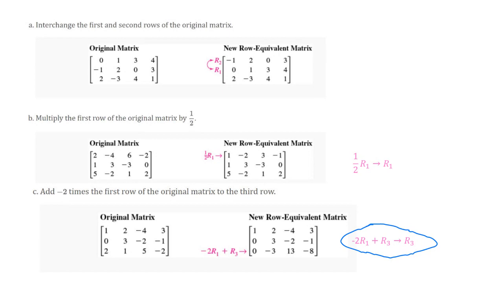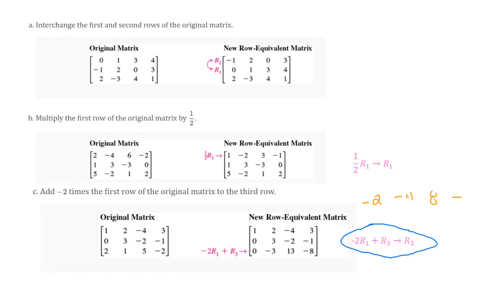Let me multiply this -2 to row 1. I'm going to do a little scratch work here, and let me change the color as well. If I multiply -2 to row 1, I get 1 times -2 is -2. -2 times 2 is -4. -2 times -4 is +8. And -2 times 3 is -6.